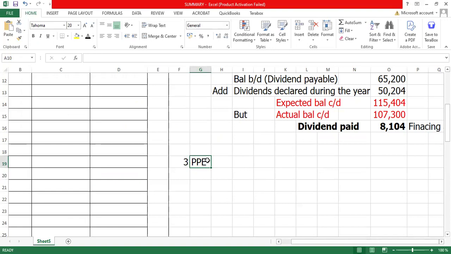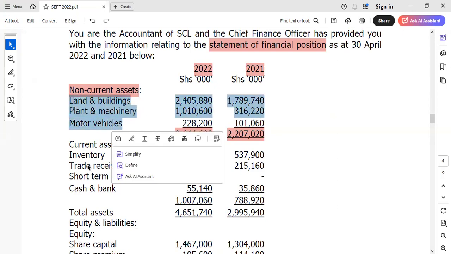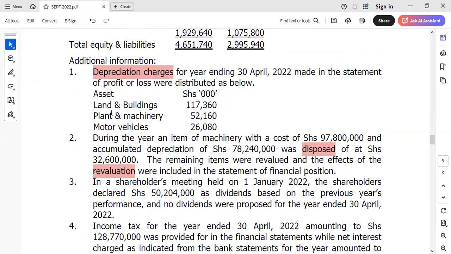And how do you get this? The first part you always need to do is handle the component of disposal. See your non-current assets: you have land and building, plant and machinery, and motor vehicles, and below they gave you the depreciation for each.